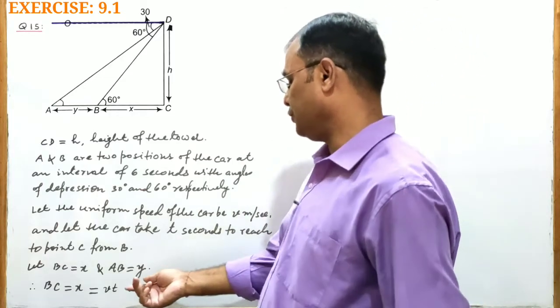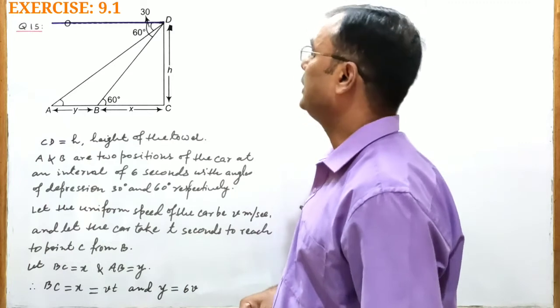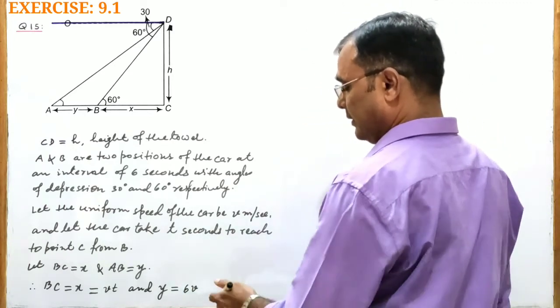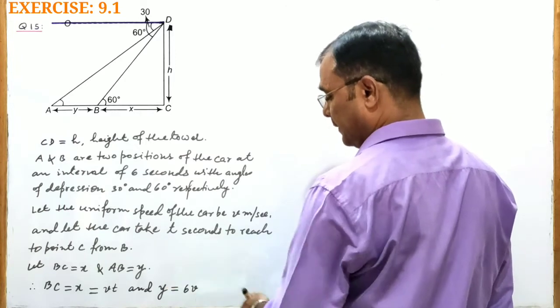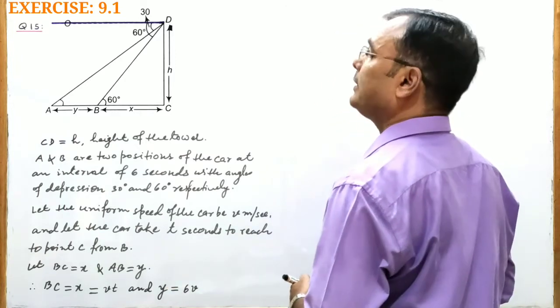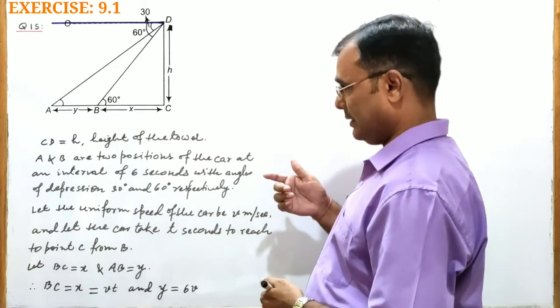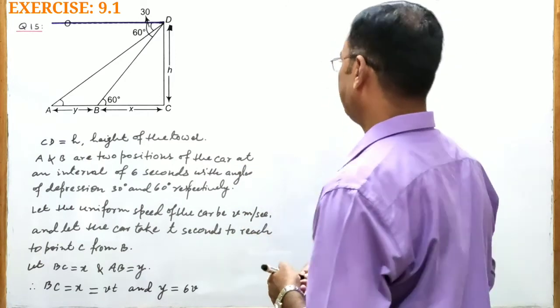So x equal to Vt and y equal to 6V in terms of the uniform speed of the car and the time taken to travel the distances AB and BC.